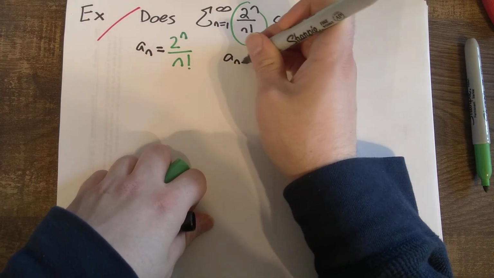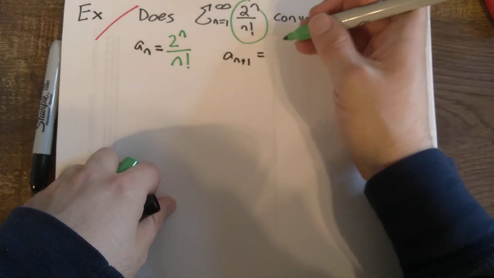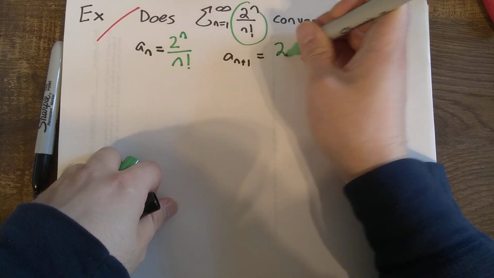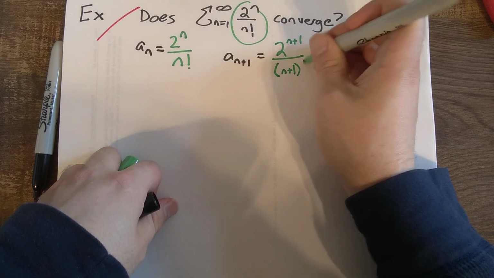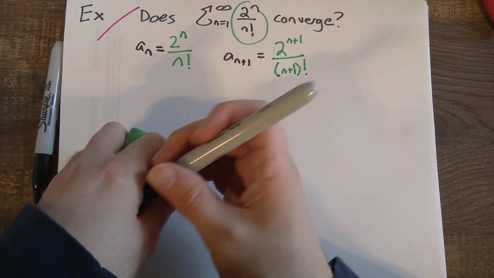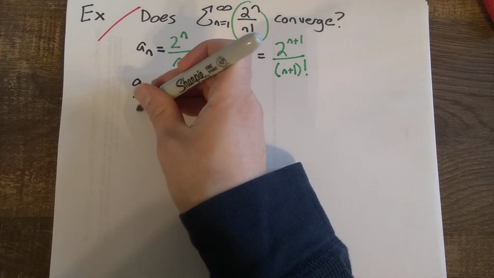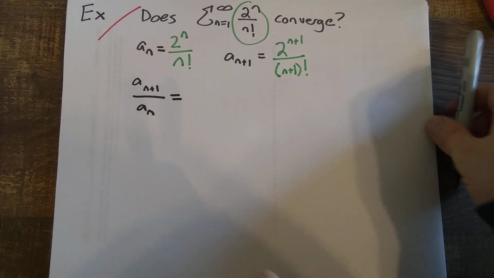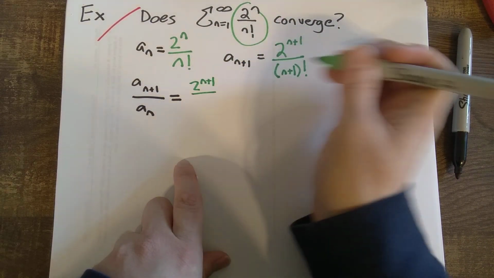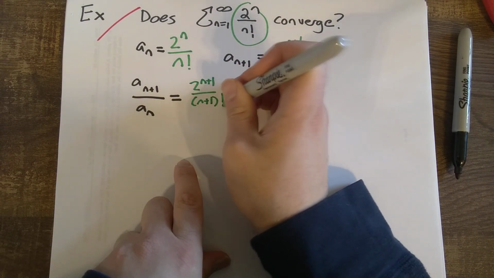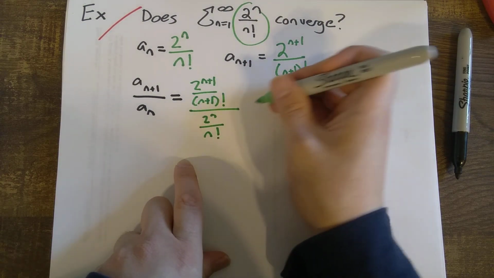So a sub n plus 1 is, everywhere we see an n, replace it with n plus 1: 2 to the n plus 1 divided by n plus 1 factorial. And the ratio is 2 to the n plus 1 divided by n plus 1 factorial, all over 2 to the n over n factorial.